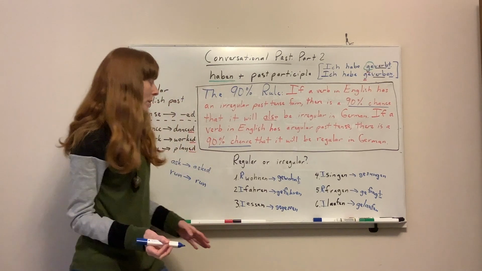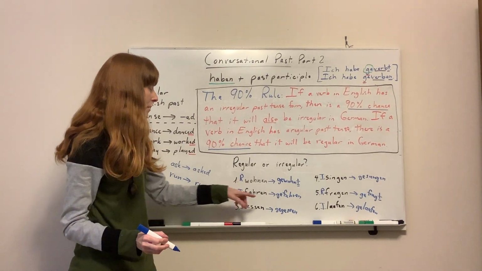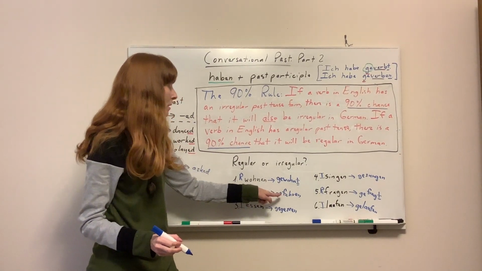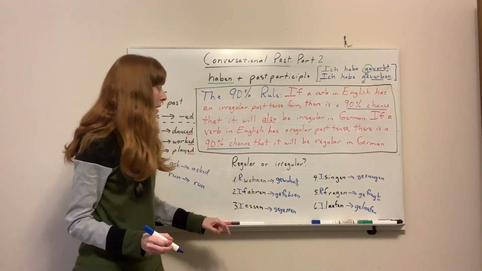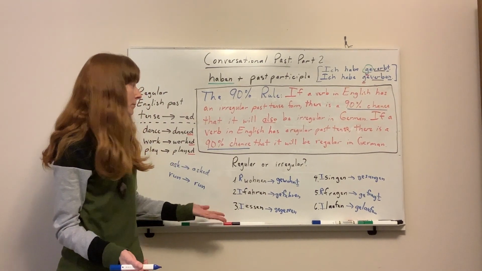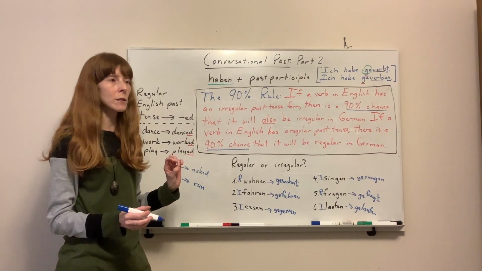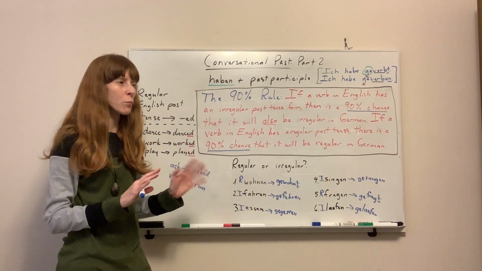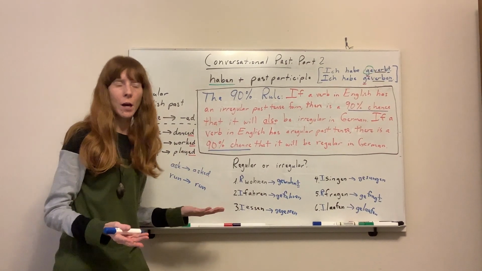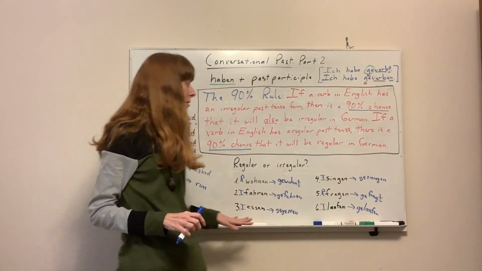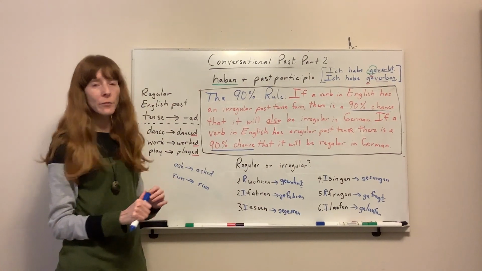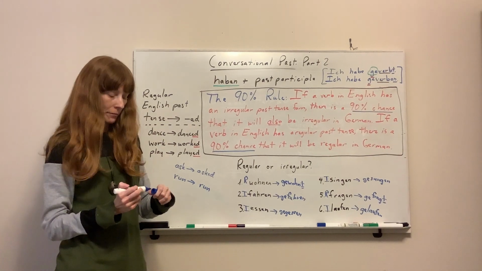Now, you may be wondering, some of those irregulars don't always just have the verb in en. That's because they're irregular. What this rule will do is basically tell you whether or not it's probably irregular. There are some patterns to the irregulars. I'll go over those in another video. That's it for now. Tschüss.